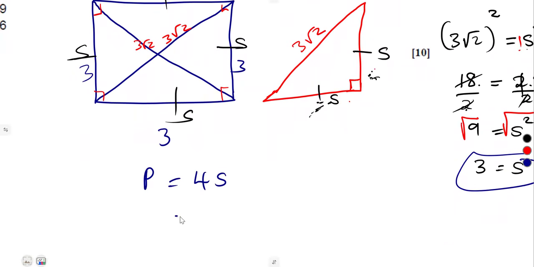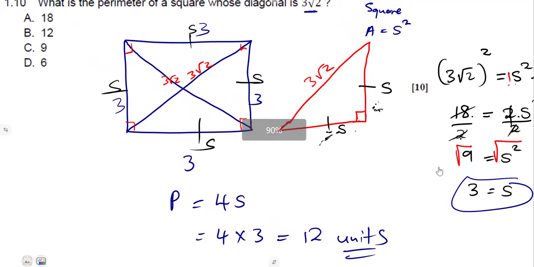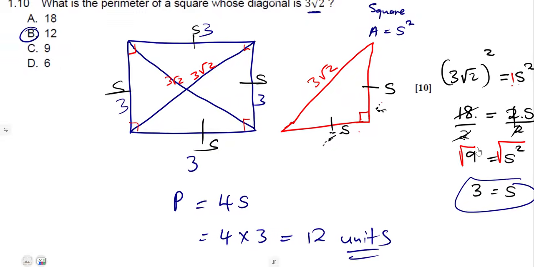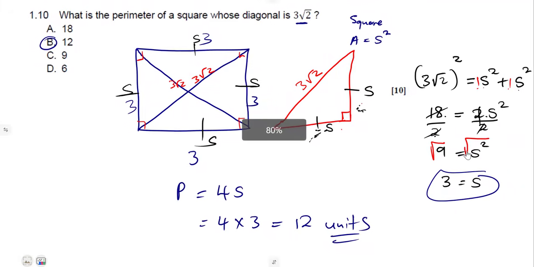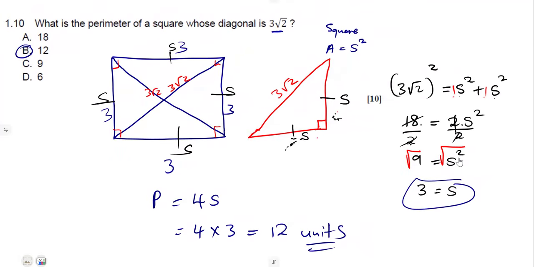Each side is 3 units, so 4 times 3 is 12. So our perimeter is 12 units, which is option B.